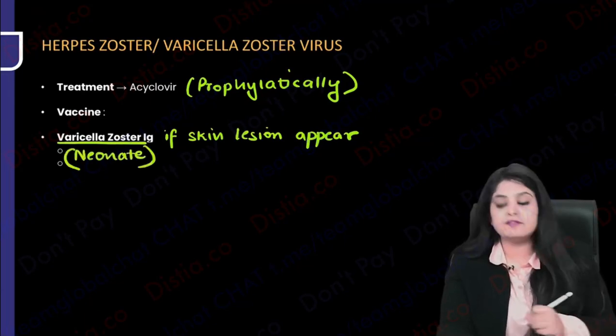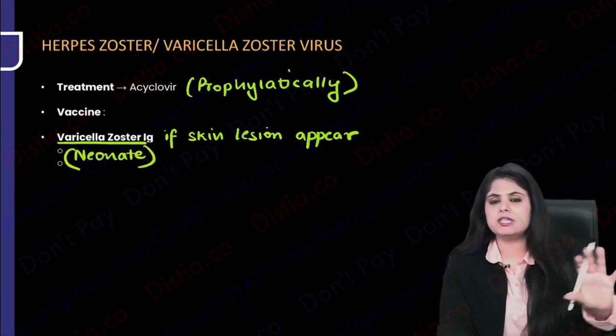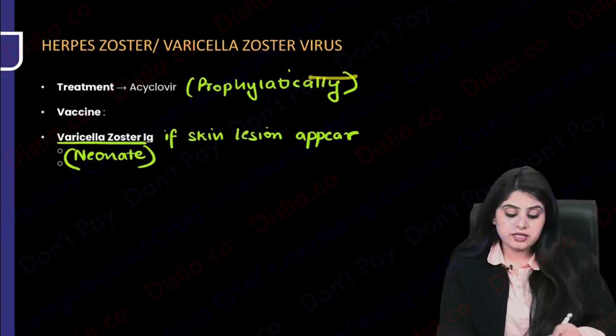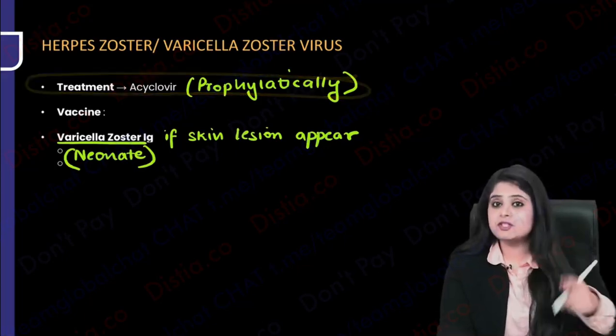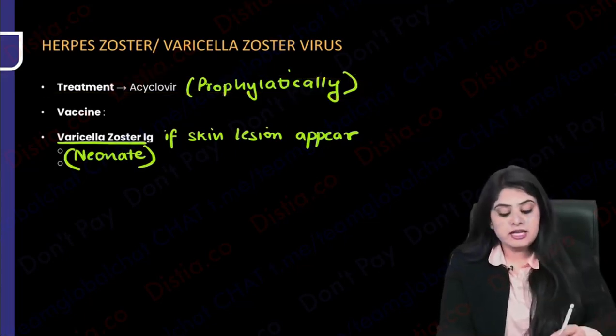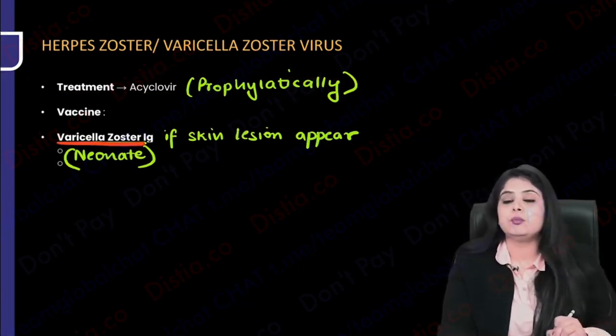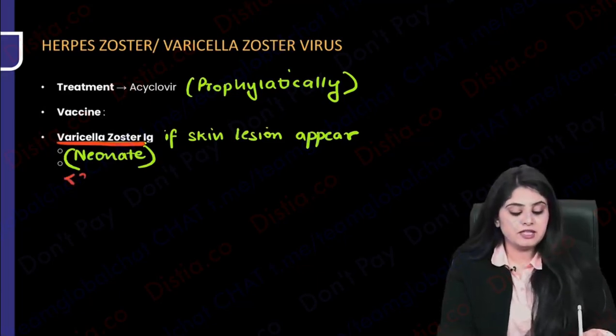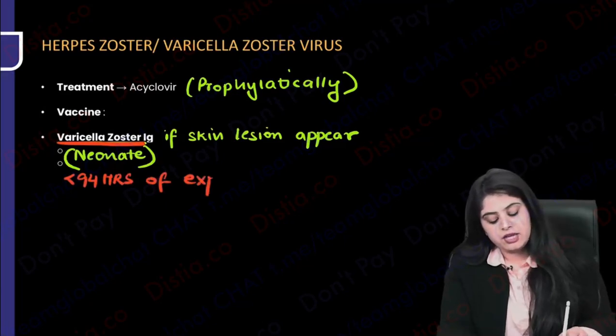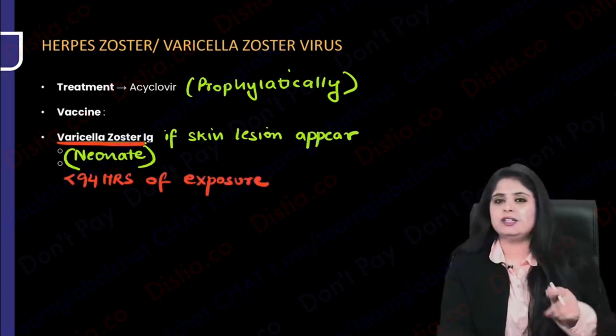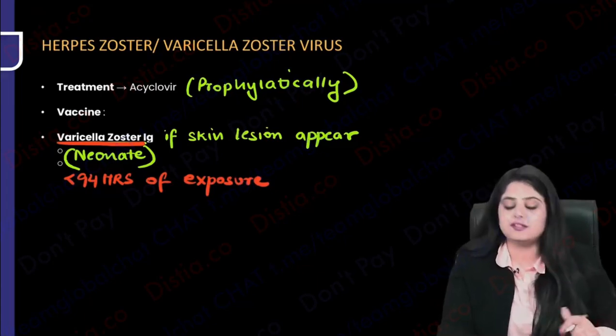So two situations. The child looks absolutely fine, you still give prophylactic acyclovir. But if the child now starts developing lesions, in addition, you will also give a varicella zoster immunoglobulin. Usually they say it should be given within 94 hours of exposure. So now that I'm talking about immunoglobulin, I want to ask you one thing.